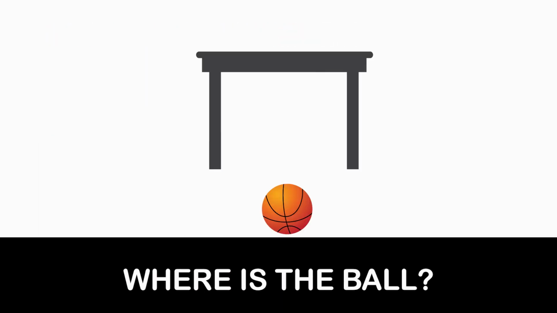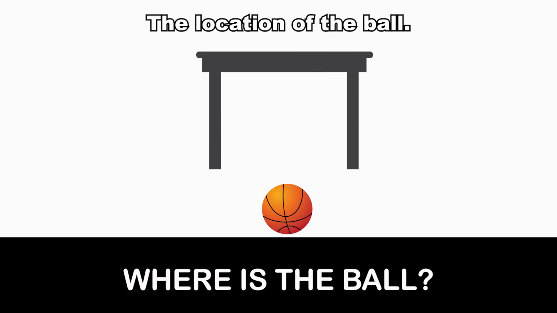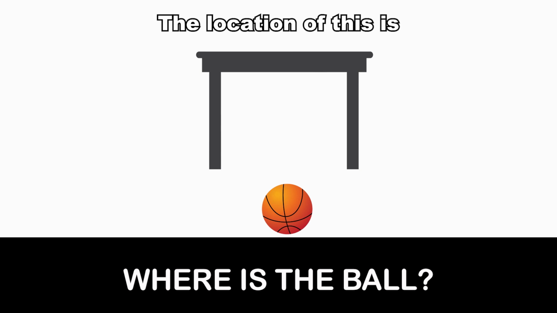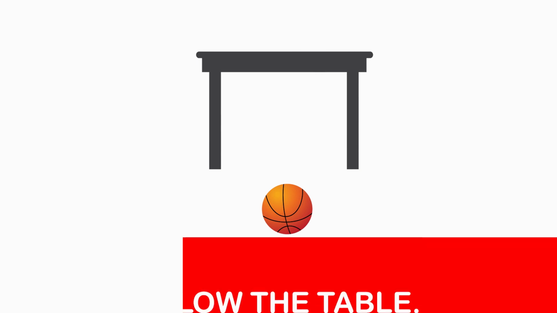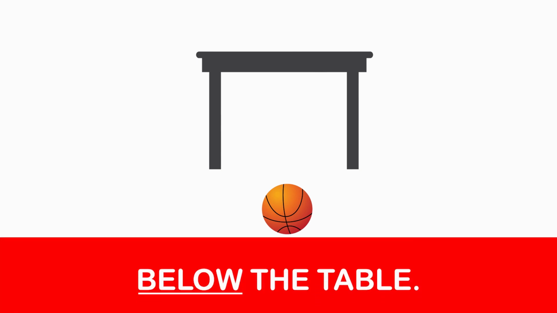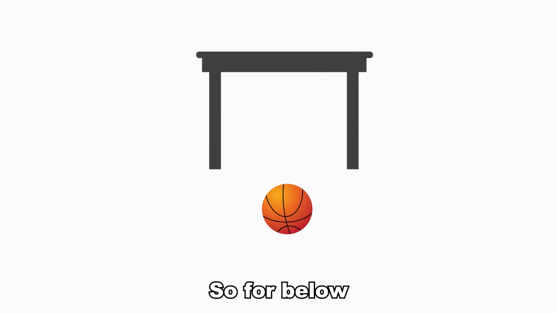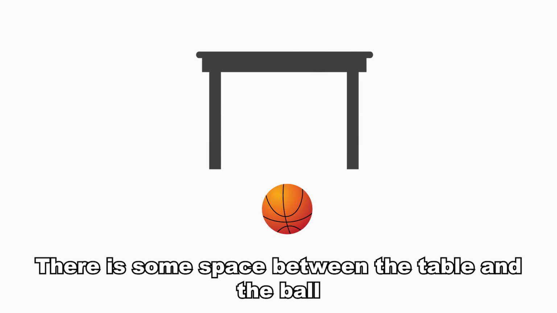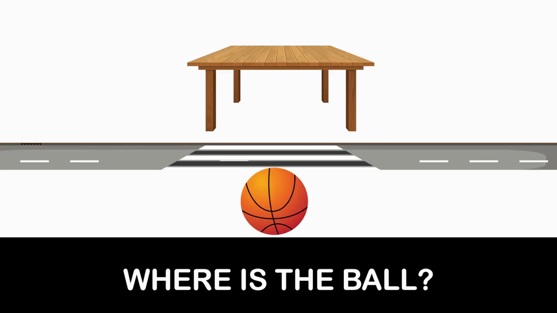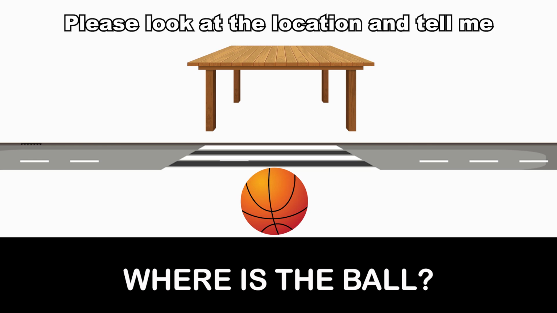And number 6, where is the ball? The location of this is below the table. Below the table. For below, there is some space between the table and the ball. Number 7, where is the ball? Please look at the location and tell me.